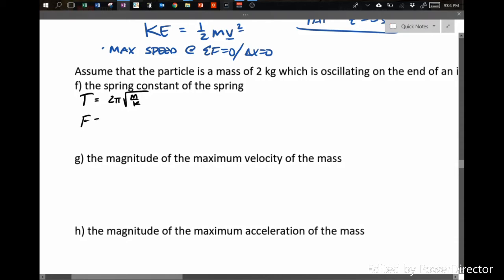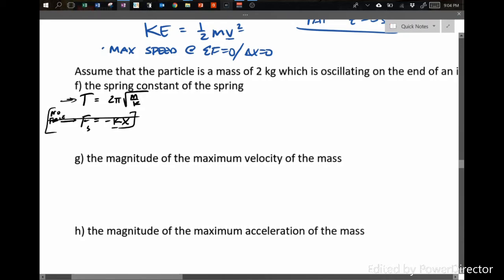The other thing that we know is that the force of a spring is negative kx. Now, I don't have any information about force, so I can't really find k using this. So while that's true, that's not particularly useful at this juncture. What we're going to have to do is explore this whole period thing.